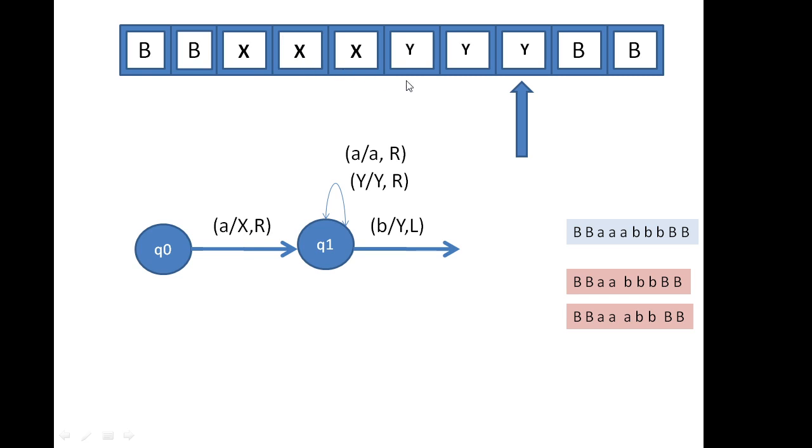When you traverse now, you'll get a Y also before you reach a B. So any number of A's and Y's you encounter on the way, if you encounter a Y, you let it be Y itself and keep moving right till you get a B. So that production will also come over here. Now you'll reach Q3.